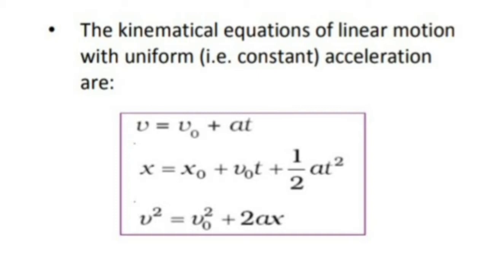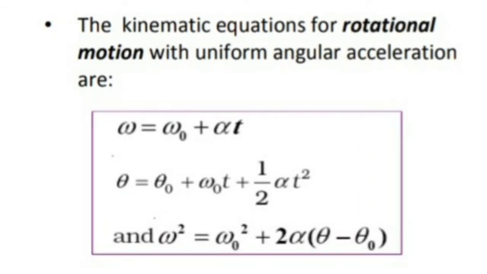So in that manner, we get the three equations of rotational motion as omega equal to omega 0 plus alpha t, theta equal to theta 0 plus omega 0 t plus half alpha t squared, and omega squared equal to omega 0 squared plus 2 alpha into theta minus theta 0. With the direct analogy, we are writing these equations.